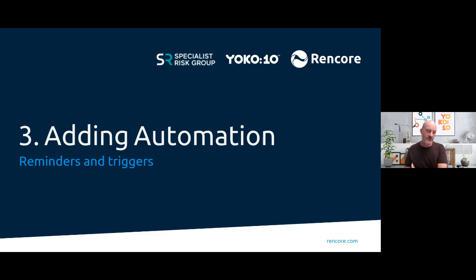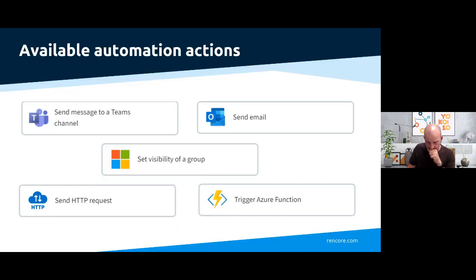The other option is to send a message or an alert when a check is violated, just to save somebody from having to come to the dashboard and view that information manually. Now there are currently 5 actions in Rencore that can be used for automation. Sorry, not 5 triggers, 5 actions.